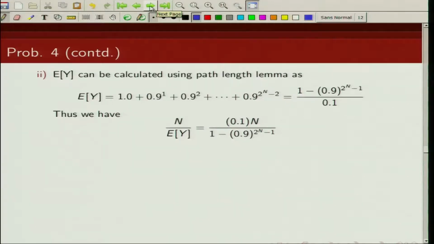Now the next part of the question was to calculate the ratio of the output code word length to the input expected code word length. Now how do we find out the input expected code word length? We can invoke the path length lemma to find out the expected value of y.